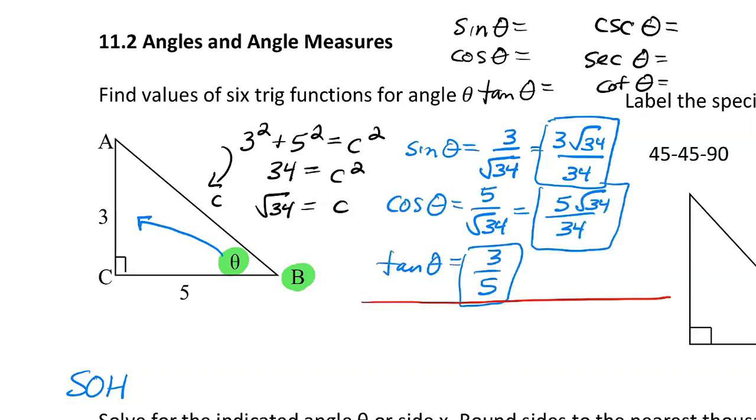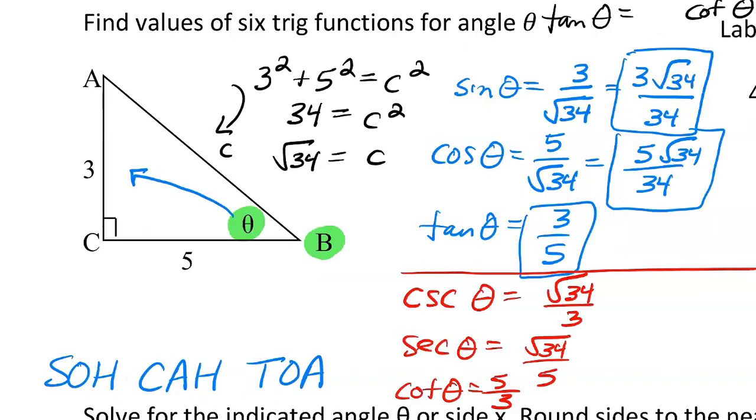So in blue we have the 3 famous trig ratios from SOHCAHTOA. The cosine is defined as the adjacent side divided by the hypotenuse, and then tangent of an angle is defined as opposite over adjacent. And now the last 3 I'll do in red, and those answers are right there.